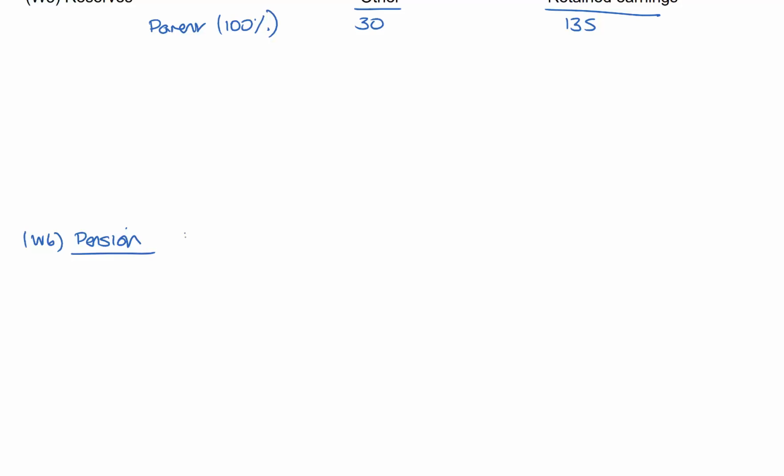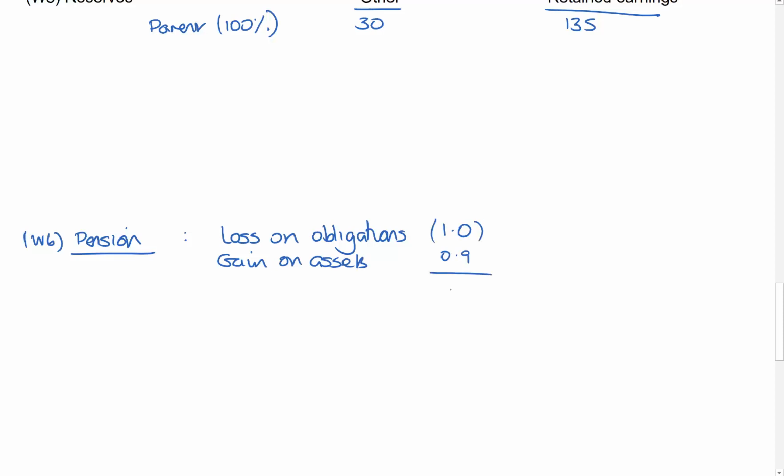So we've got a loss on obligations of 1 million, and we've got a gain on assets of 0.9 million.